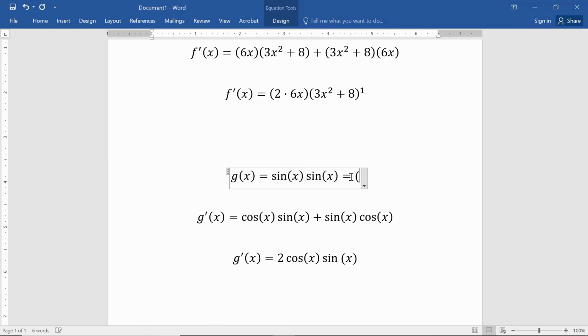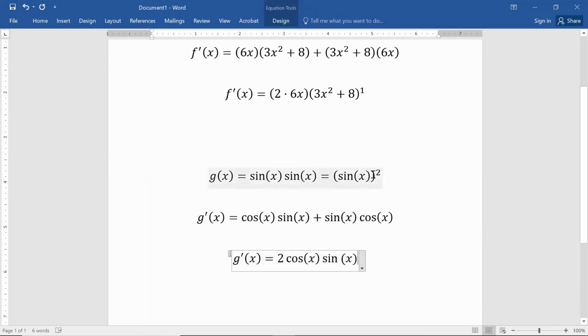Once again, we have sine x quantity squared. And how did we get this? This 2 comes out front. Sine x gets left alone and raised to a first power. And then out front also, we have to multiply times the derivative of the sine of x.